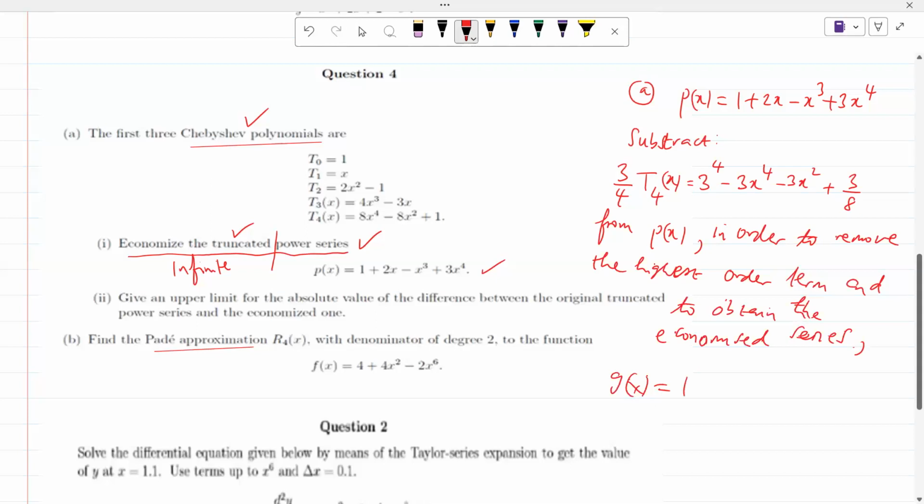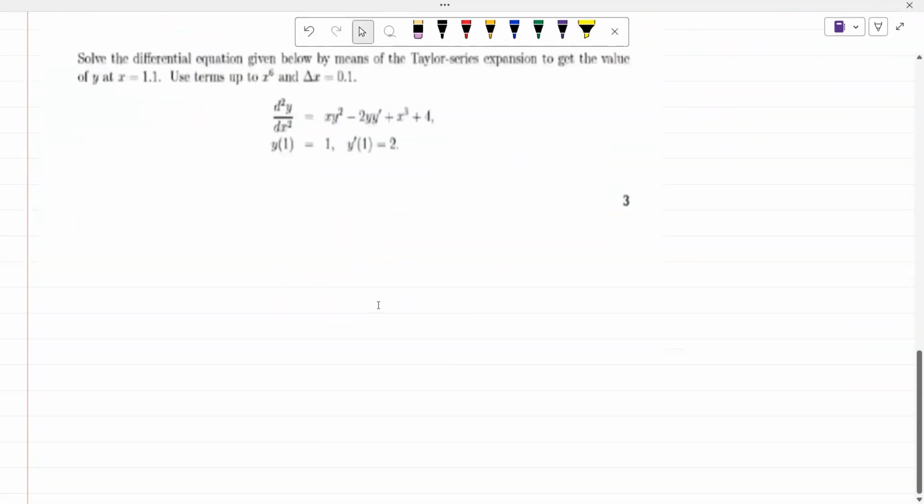So if you take this p of x and you subtract from it 3 quarters of T4 of x, you'll see what the objective of this is here.